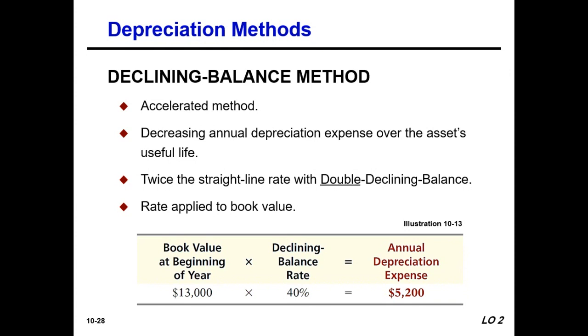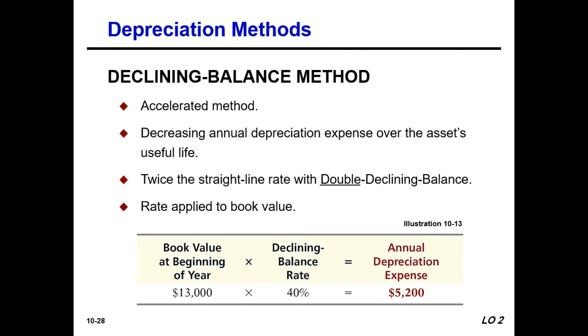But under this method, some assets have more utility or benefits in the beginning of the year compared to the coming years. Here you have a high depreciation in 2017, then less in 2018, then 2019 is like this, so you have a decreasing annual depreciation expense.